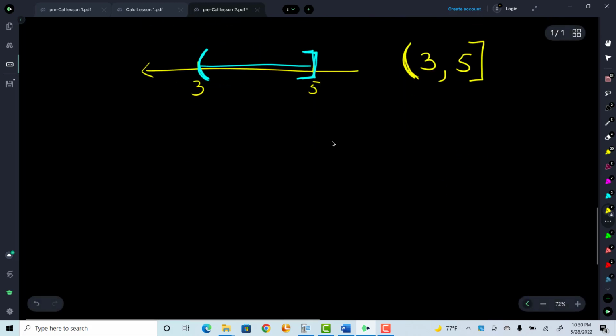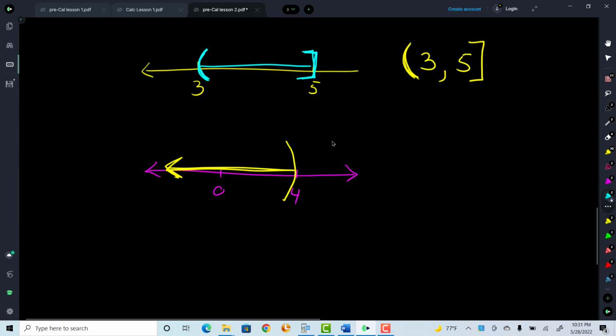Okay. What about this one? We're going to use a parenthesis. How would I represent that in interval notation?